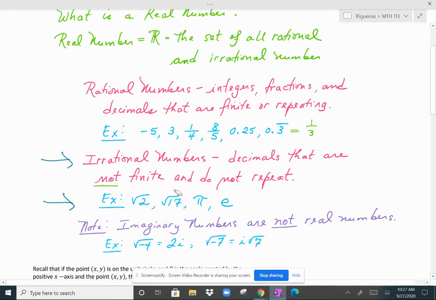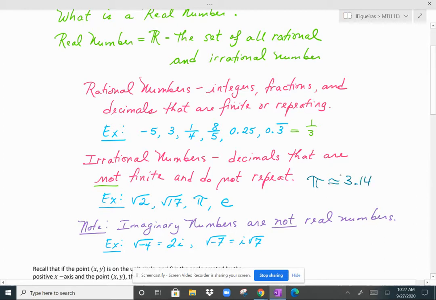And then two other examples would be these special kind of numbers that come up a lot in your math and science classes. So one is pi, and pi you might remember from maybe from high school that people say pi is 3.14, but that's only an approximate answer.